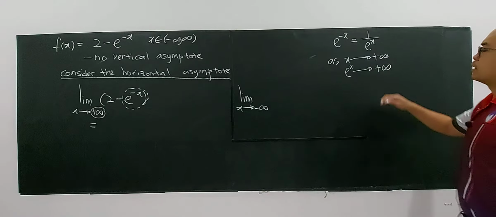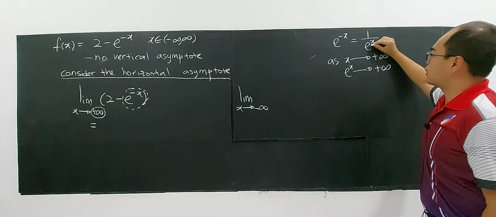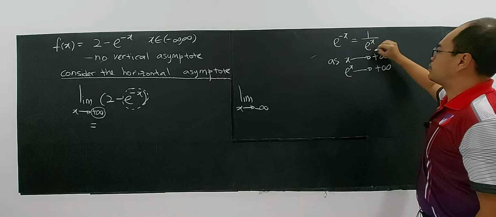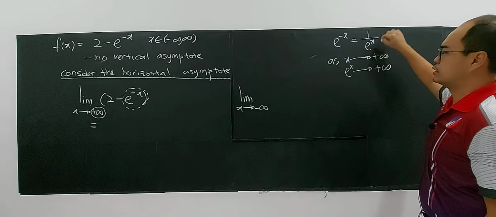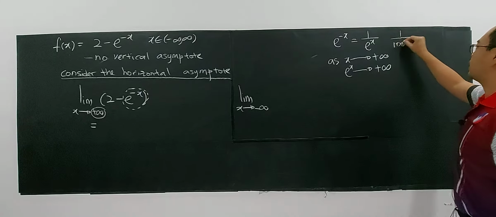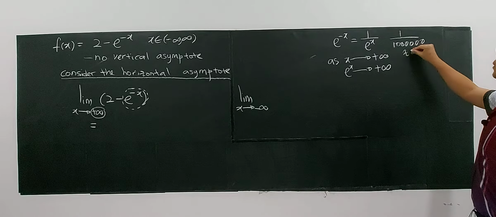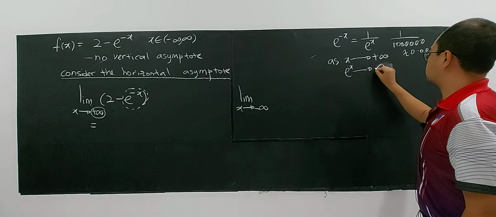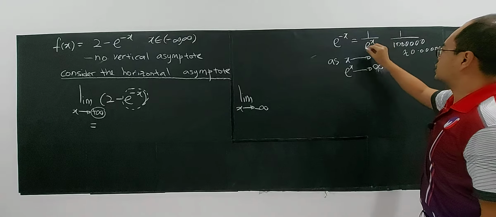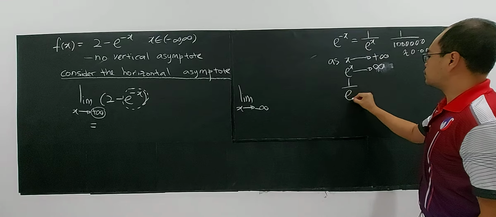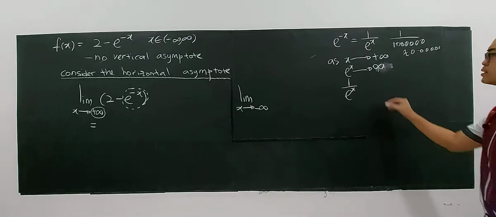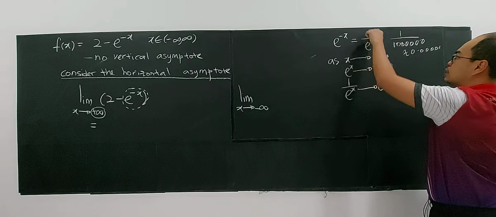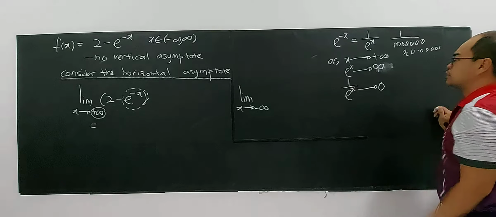If you use a calculator, e to the power 1, e to the power 2, e to the power 3, you get bigger and bigger numbers. A number divided by a very big number turns out to be a very small number. As this number gets bigger and bigger, the whole thing, 1 over e to the x, approaches 0.